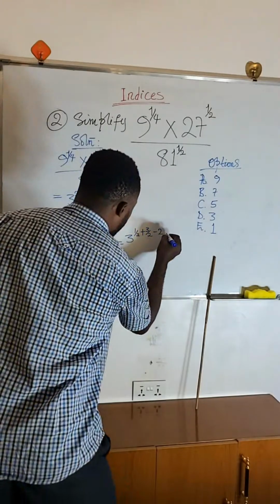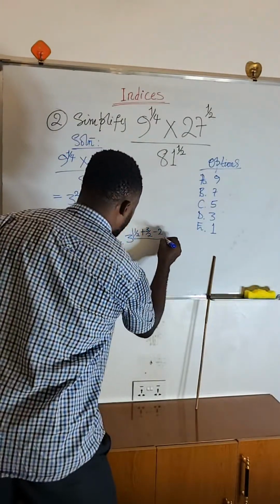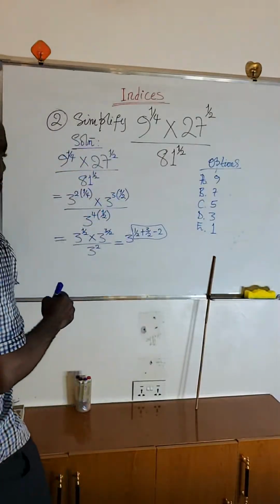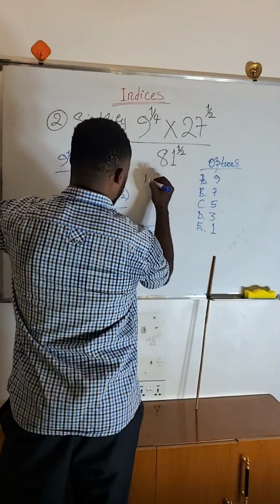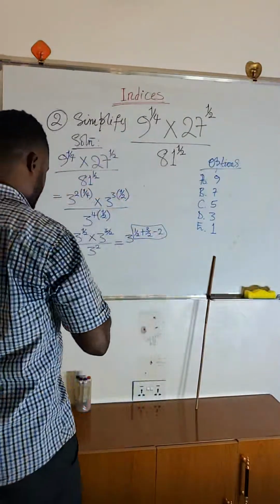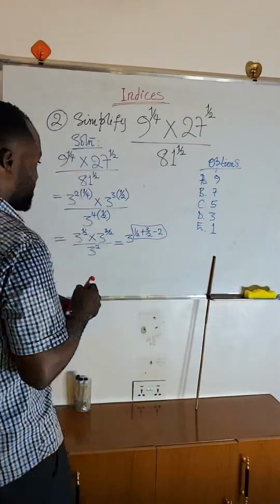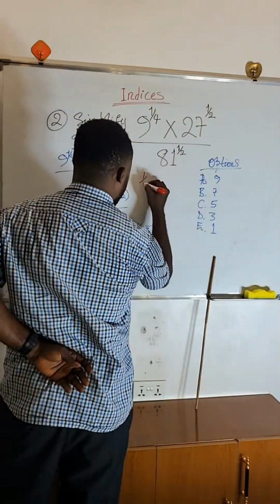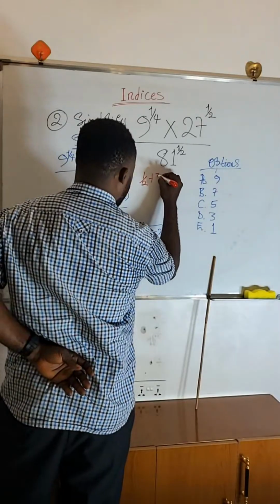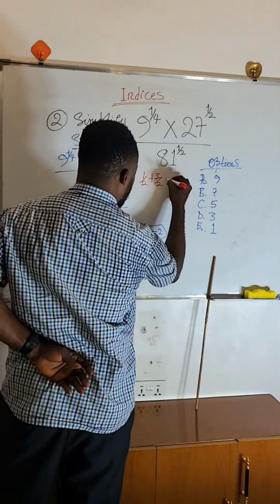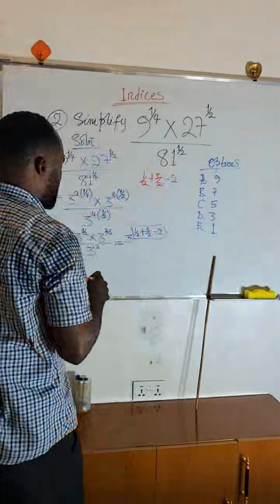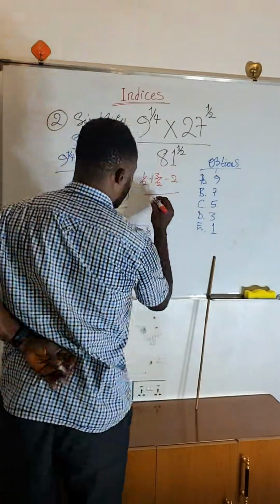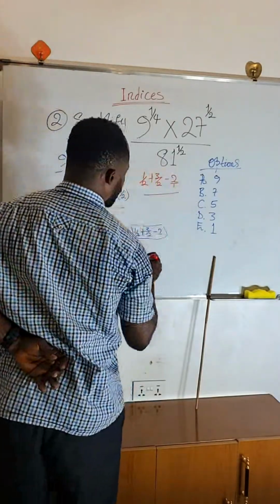Let us go and solve this first. Let's solve this place only. So that is 1 over 2 plus 3 over 2 and then minus 2. This is 1.